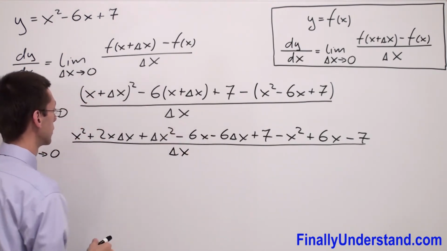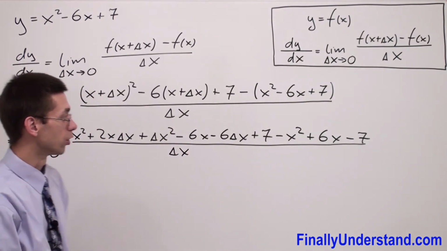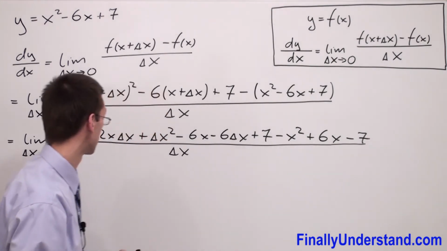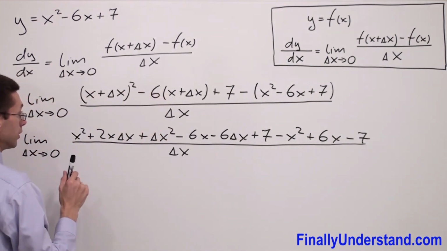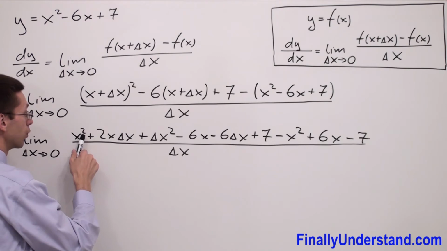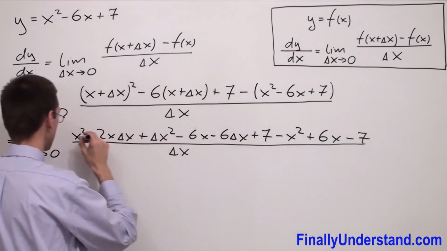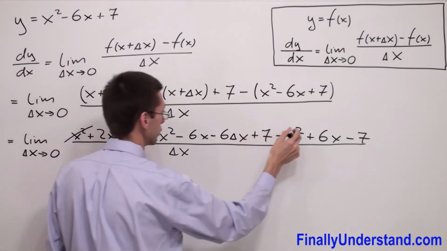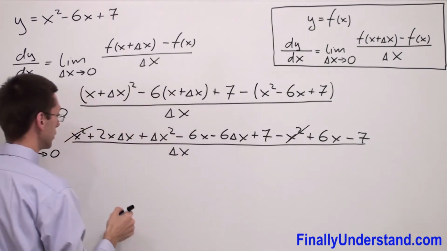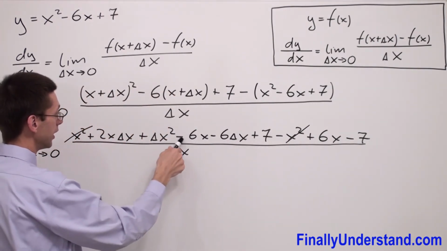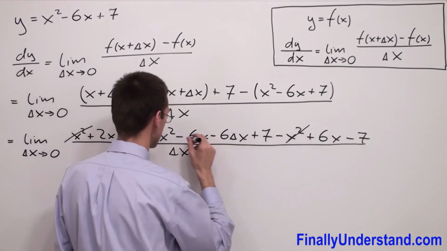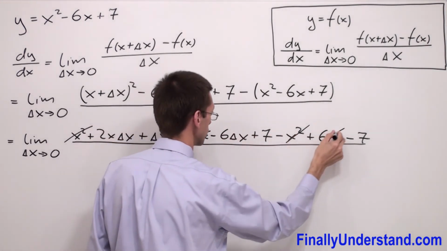Okay, delta x. Next, we're supposed to look at the numerator and try to organize it. So what we have? We have x squared and negative x squared. They're going to subtract each other. That's why I'm going to cross them out. Next, I have negative 6x and positive 6x that are going to subtract each other.